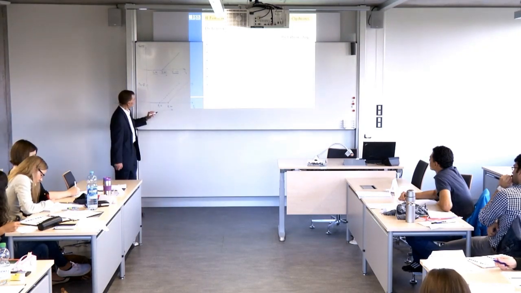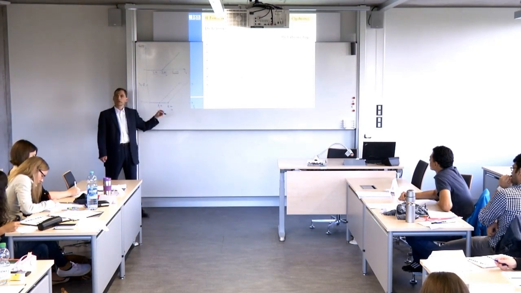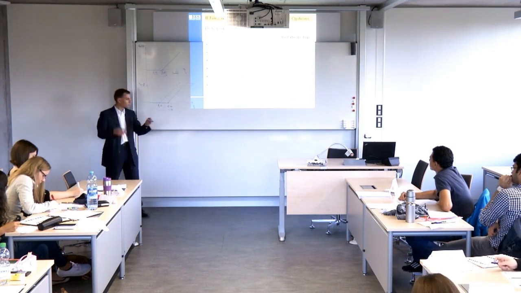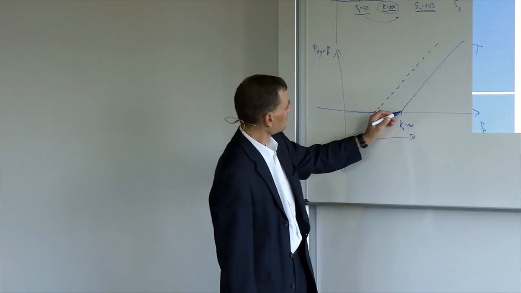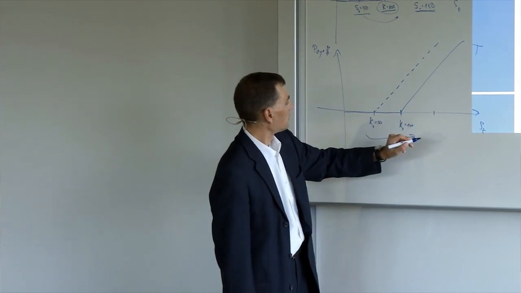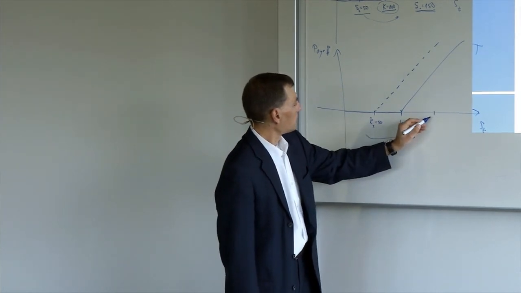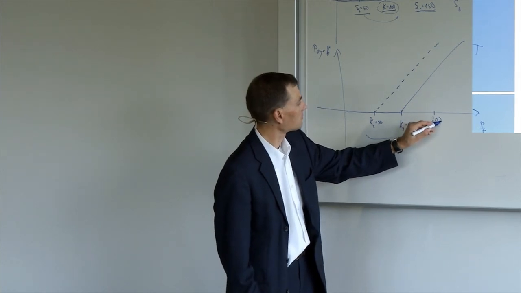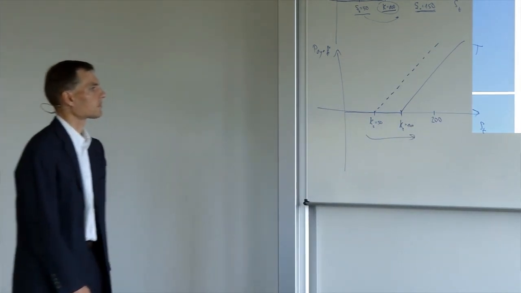The best way, we have to fix a certain price for the underlying asset. So suppose the asset price at the end of maturity is 200. Somewhere here.